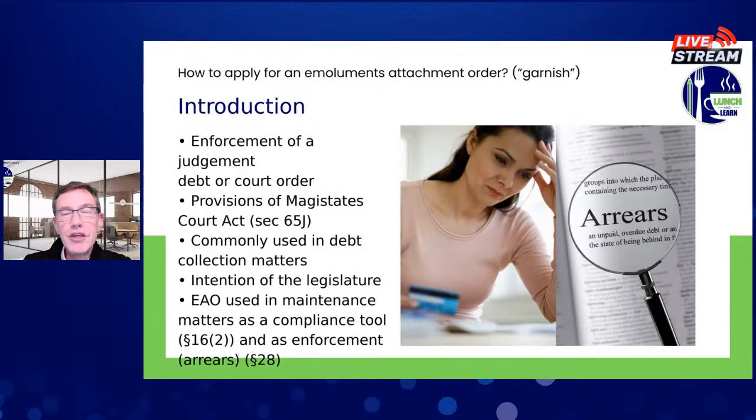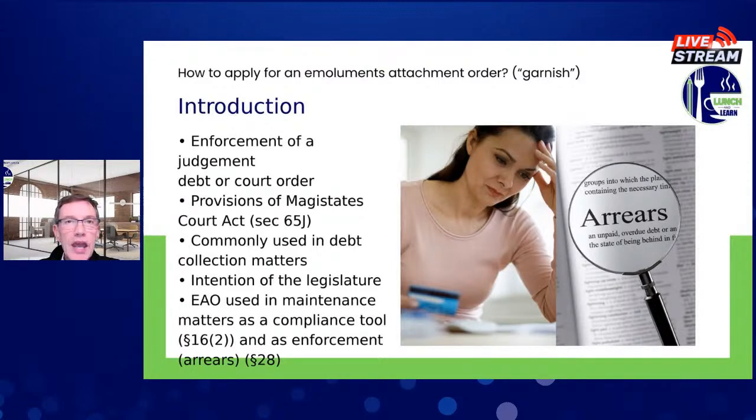Without further ado, just by way of introduction, I would like to explain briefly about emolument attachment orders. Initially, emolument attachment orders, or the garnishee orders that we know, were used as an enforcement tool of a certain judgment.